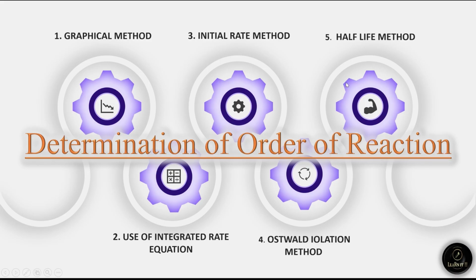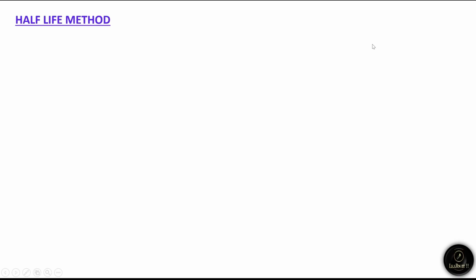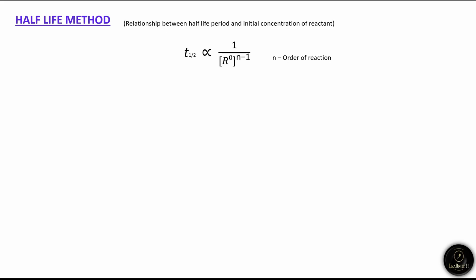The last method of determination of order of reaction is the half-life period method. Here we have a relationship between half-life period and initial concentration of the reactant. It is: t half is inversely proportional to the initial concentration of the reactant raised to the power n minus 1, where n is the order of reaction.